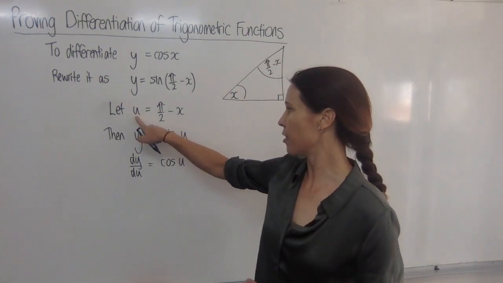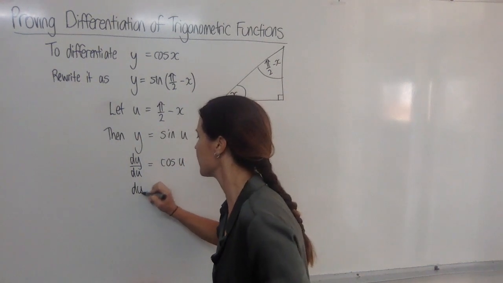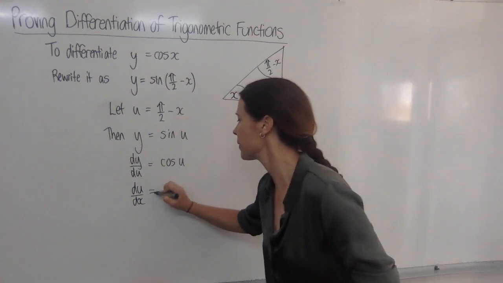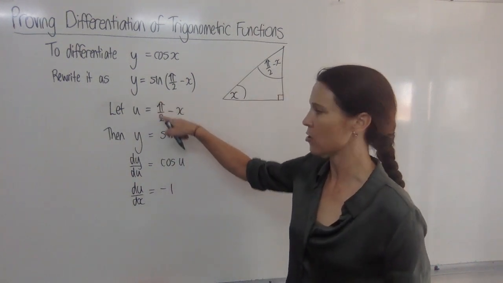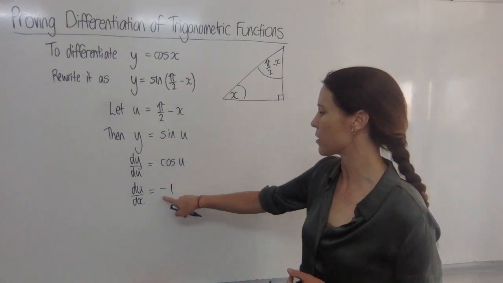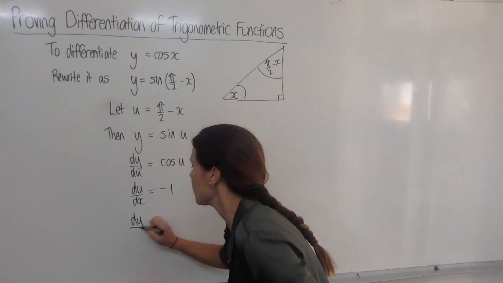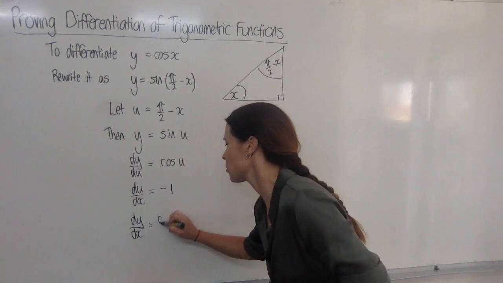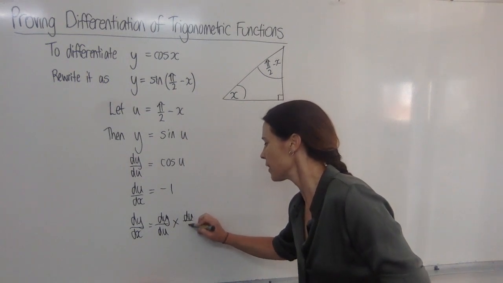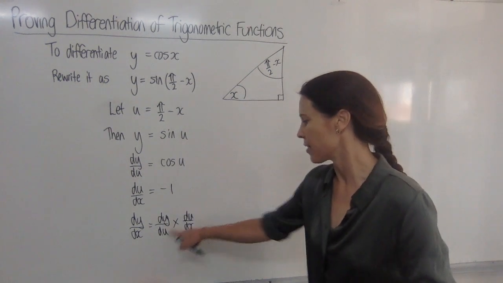And we can differentiate u with respect to x also very easily. We just get -1 because we ignore this term, it's just a constant, and differentiating negative x with respect to x, we just get -1. So that means that dy dx is equal to dy du times du dx, because obviously the du's cancel.